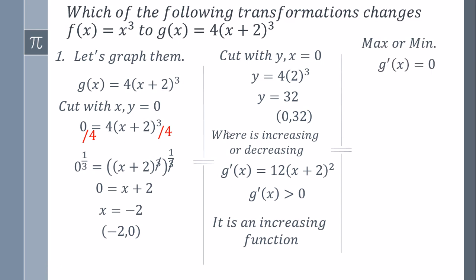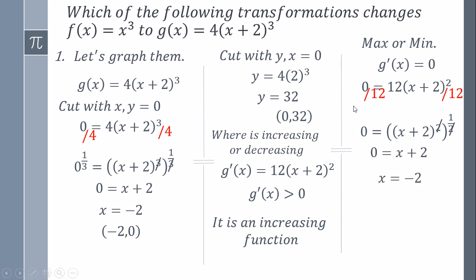So it's going to be when g prime of x is equal to 0, and we know that g prime is this one, equal to 0. I'm going to just solve for x, I can divide both sides by 12. I can elevate both sides by 1/2. It's going to be 0 elevated 1/2 as well, but it's 0.